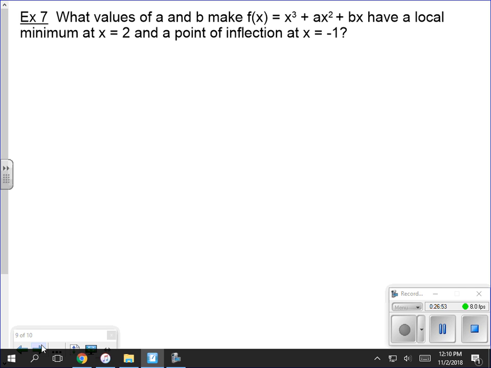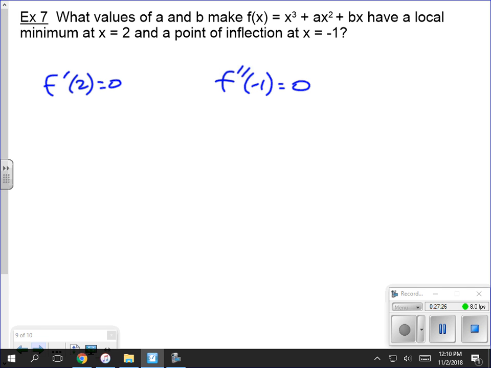Where the second derivative is equal to 0. So what I want to know is f prime of 0 equal to f prime of x, or actually it should be f prime of 2. F prime of 2 equal to 0. And f double prime of -1 equal to 0. What values of A and B give me that? That's what that question is asking me.